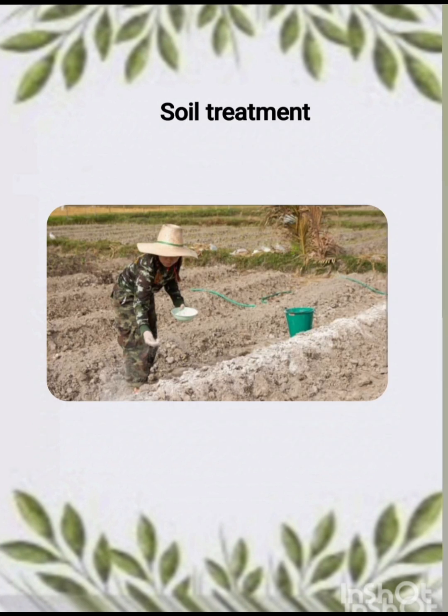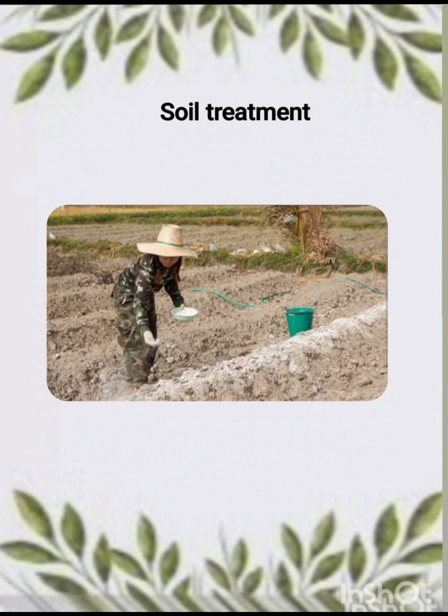Next is soil treatment. Students, excessive use of chemical fertilizers makes the soil acidic. Plants do not grow well when the soil is either too acidic or too basic.